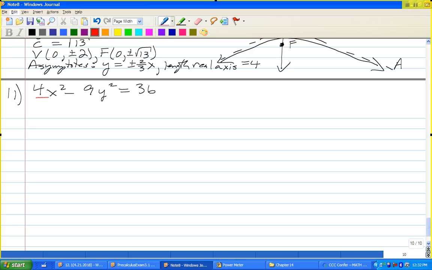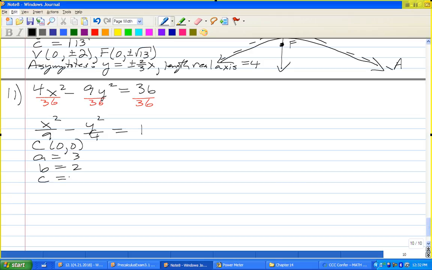Divide both sides of your equation by 36. So you get x squared over 9, y squared over 4 is equal to 1. So the center is at the origin. A, 3, B, 2, C, 9 plus 4, 13. So radical 13. The vertices are at plus or minus 3, 0.